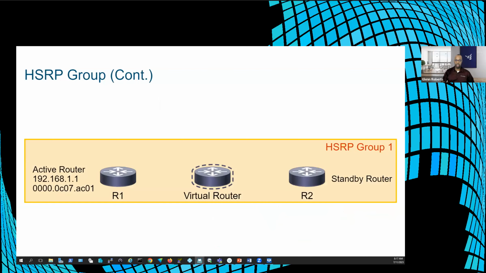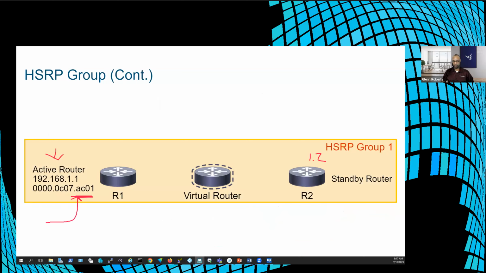With this group, HSRP group number 1, we'll go in, we'll configure it, and then of course, we will define what the virtual IP is going to be. You'll see active router is 1.1. This will be 1.2 for the active addresses, meaning the physical addresses. And then of course, notice, see this?